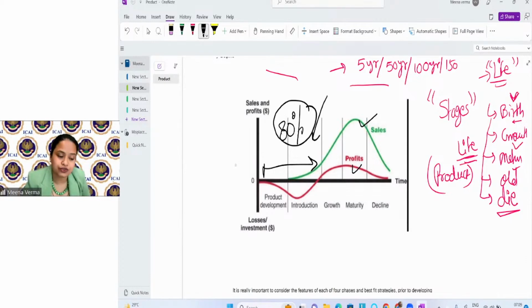If the company has sale, if the company has profit, obviously the company has cost also, right? The company will incur most of its cost here for the product. We learned this in the last session. In the designing stage, when you are designing the entire process for production, the company will have to incur most of its cost here. So most of the best strategies are required to be applied here.